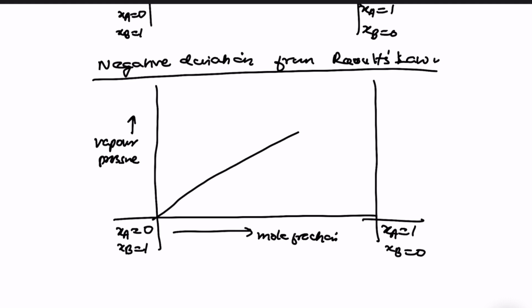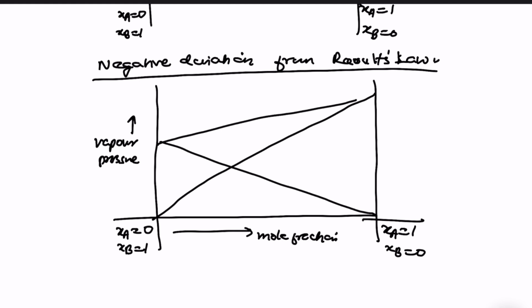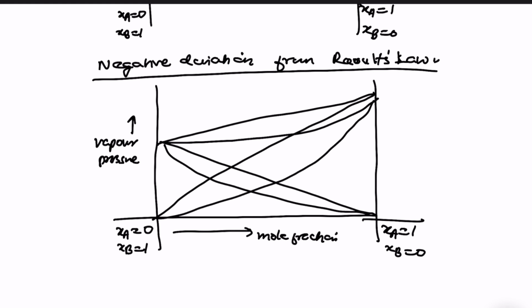So if it were an ideal solution, it would have been a graph like this. Now since it is showing a negative deviation, the graph goes down. This is the graph of PA = PA naught into XA. This is the graph of B, PB = PB naught into XB.